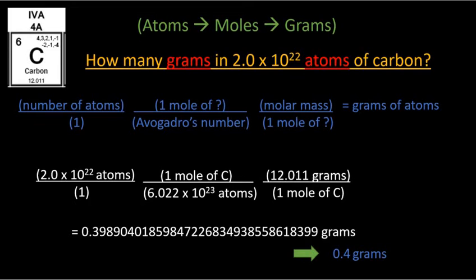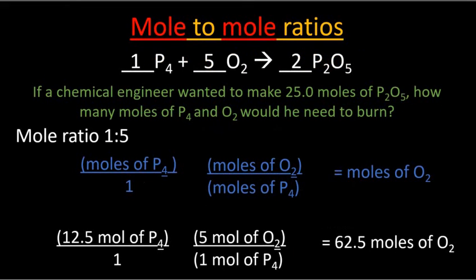Okay, then we went from moles to moles and everybody's head exploded apparently. Okay, all we are really doing with this is comparing these coefficients at the beginning of the equation compounds to see how they're related to each other.